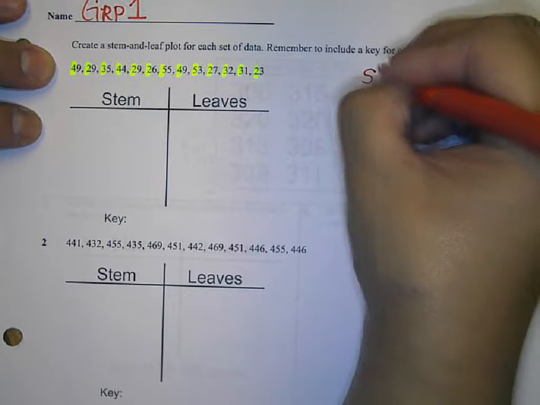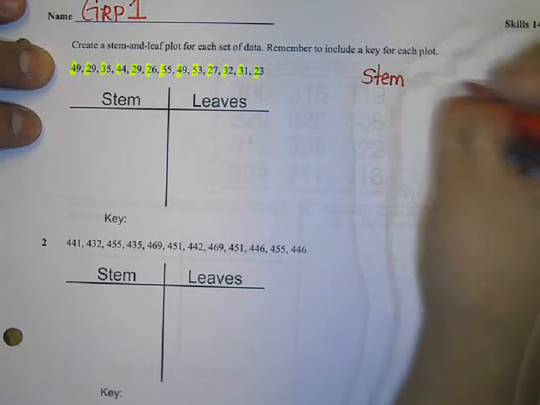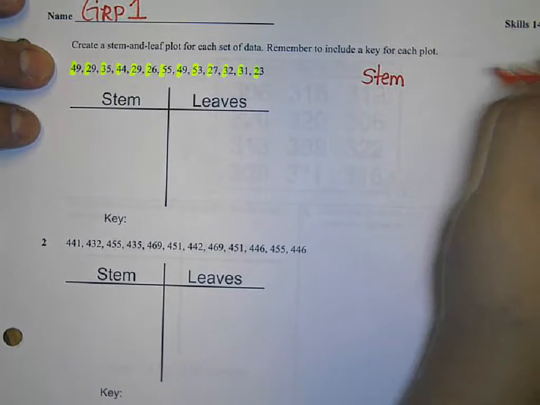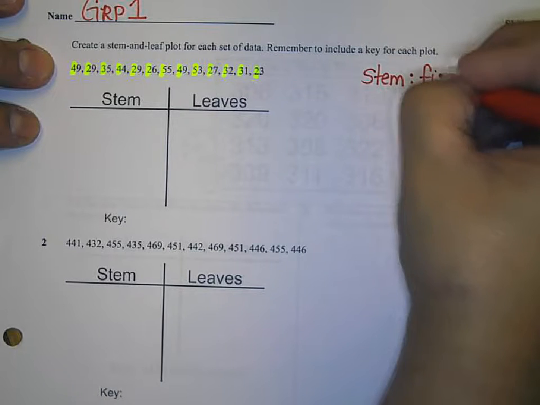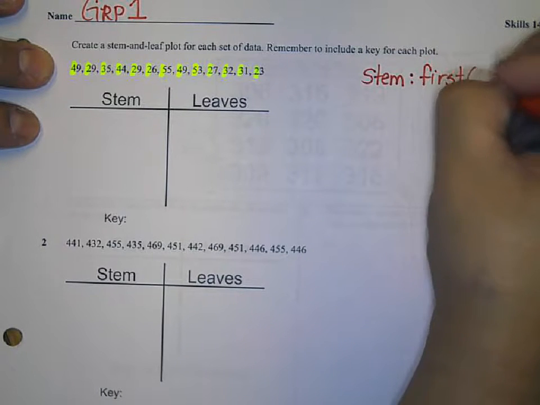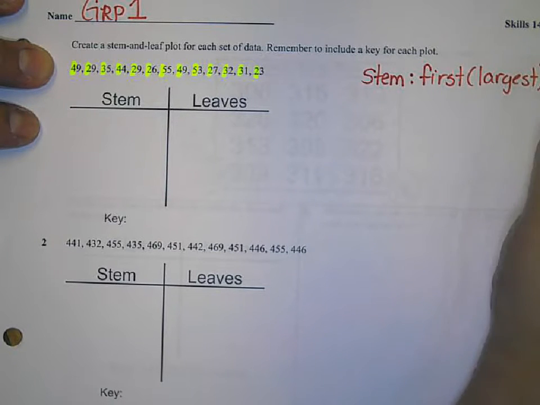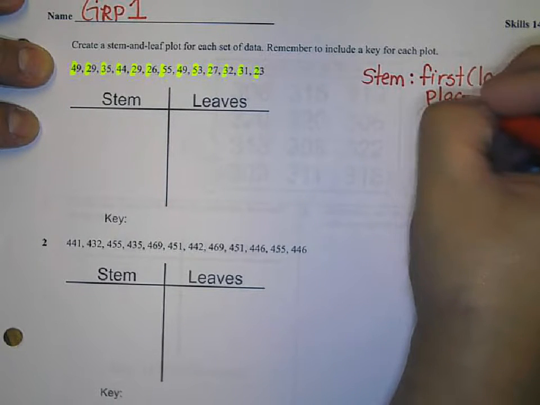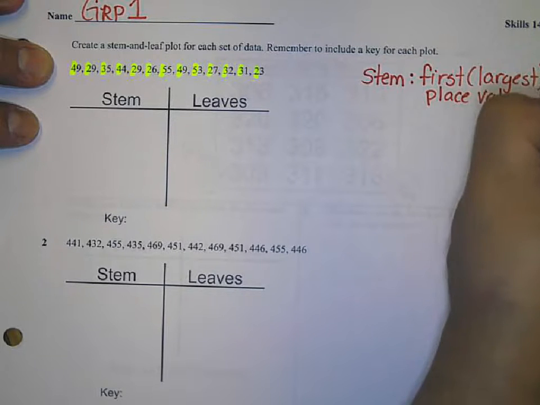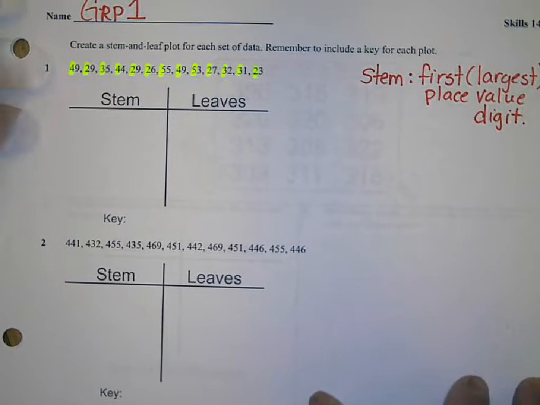So over here off to the side, I want you to write stem 2. Stem is your first, or in other words, no, it's not necessarily your tens, it's your largest place value digit, because it's not a number.